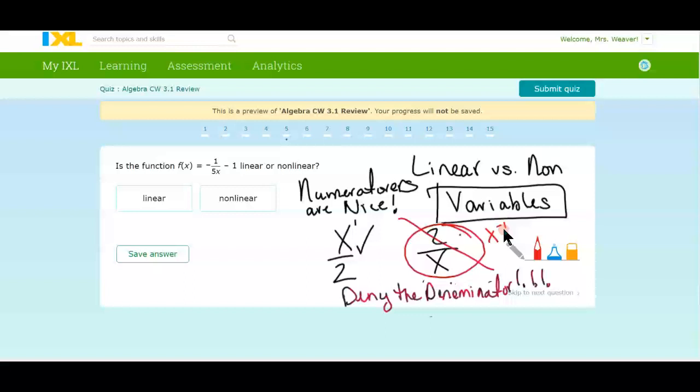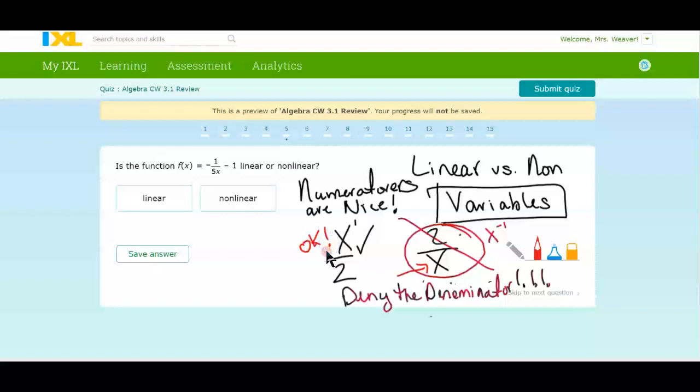It's how the curriculum is set up, and maybe in the future we'll just take this out. But for now, we've started it, so we're going to finish it. If any variable is in the denominator, it is non-linear. It's being in the denominator that is the problem. Being in the numerator is okay.